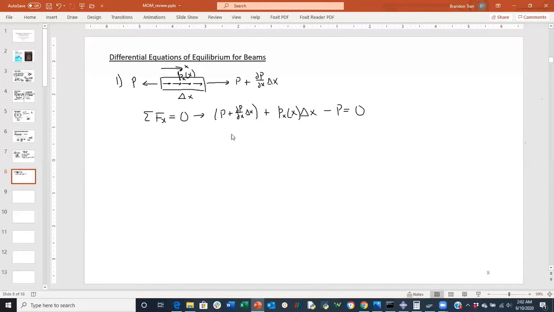Essentially, what you get here is the following equilibrium equation. Those P's will cancel out. The delta x terms cancel out afterwards. Partial derivative of the normal load here with respect to the x-axis is equal to negative of the distributed normal loads here, Px.